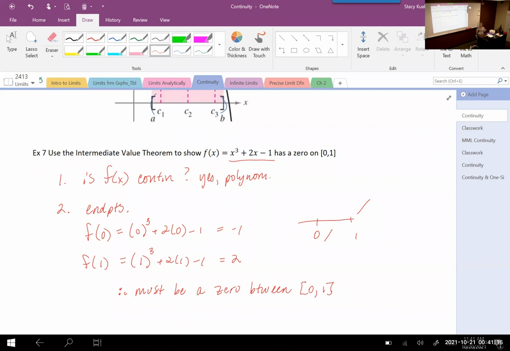That's all we were asking with the intermediate value theorem. It's a way for us to use and expand on this idea of continuity, because continuity is the section that we're talking about.